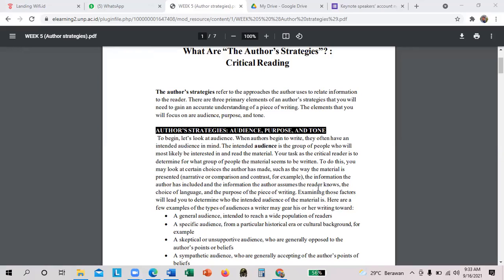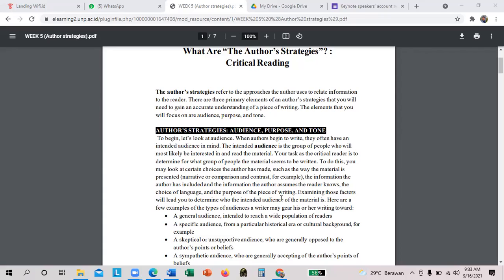For example, the text is for literature students. Why do you assume that literature students are the target reader? Because from the information presented in the article, you will conclude this is for literature students.